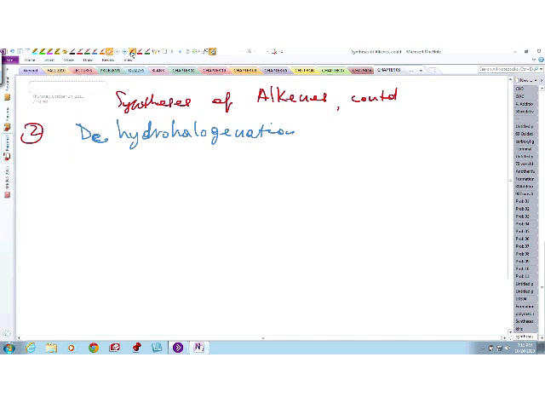Yes, exactly. So in this case, if we have this, and the reagent we use for that, we could use hydroxide.